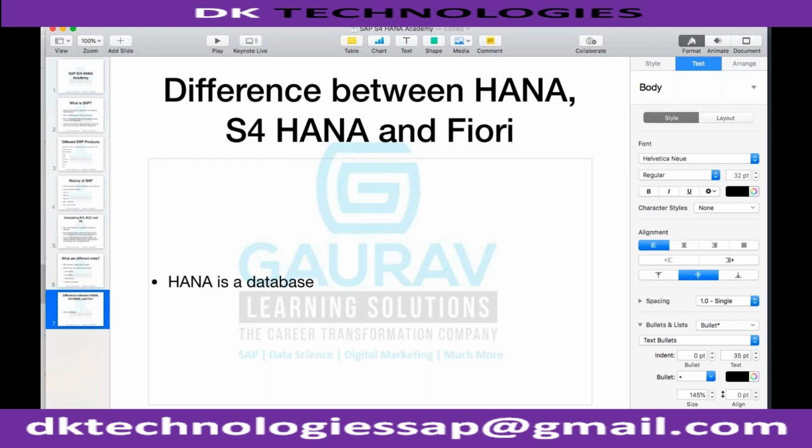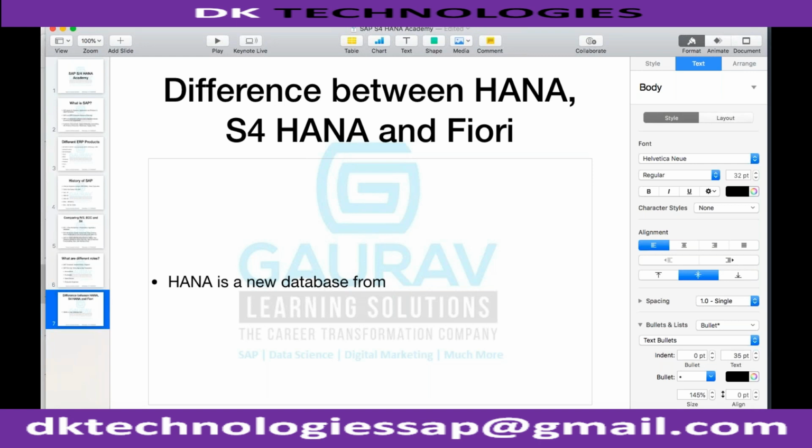100%, yes. So HANA is a database, and as you said, HANA is a new database from SAP. This is not something which is from another ERP vendor. This HANA database is SAP's own database.